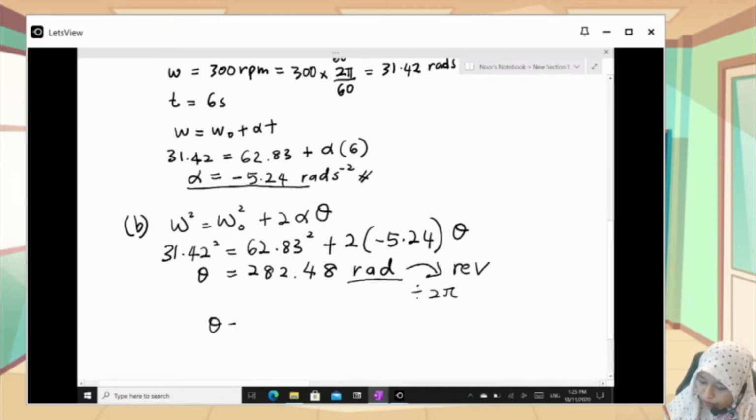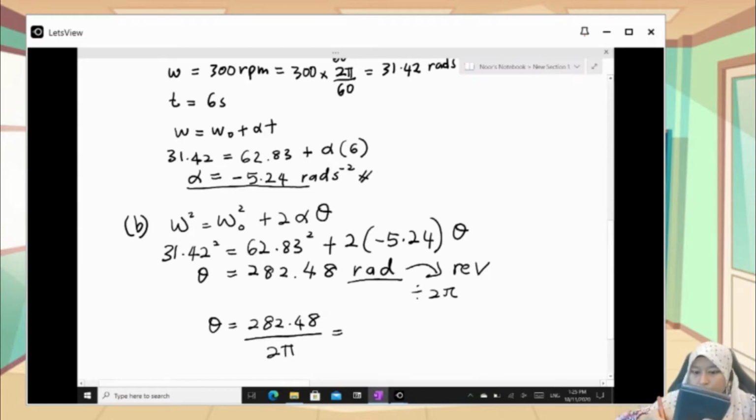So theta is 282.48 radian divided by 2 pi, so that we got the revolution. So we got 44.9596. Or we can say it's 45 revolution.